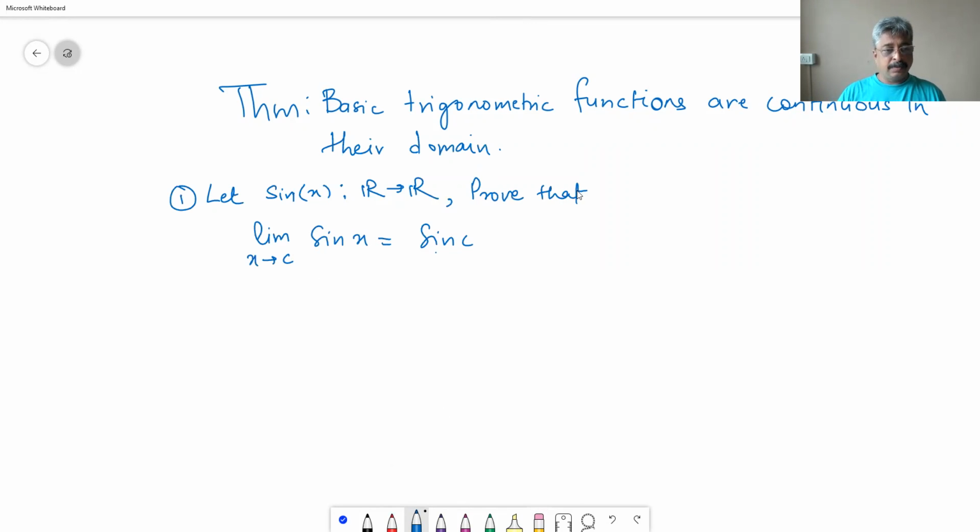Prove that limit of sin x as x tends to c is sin c.